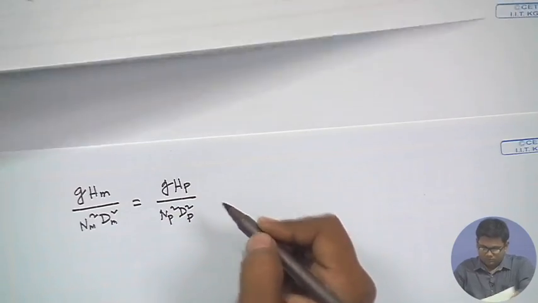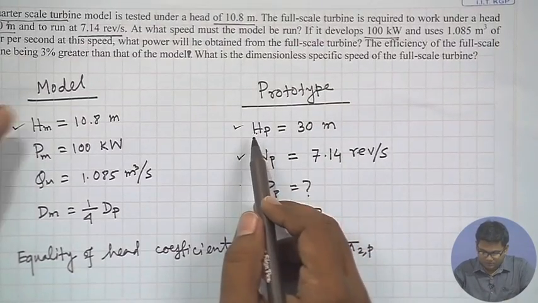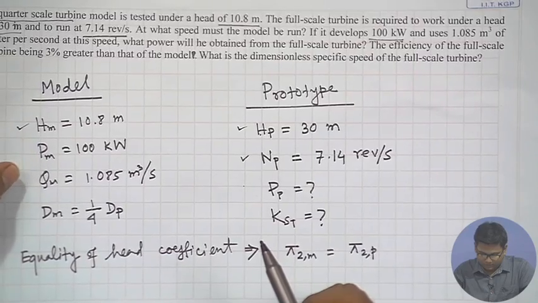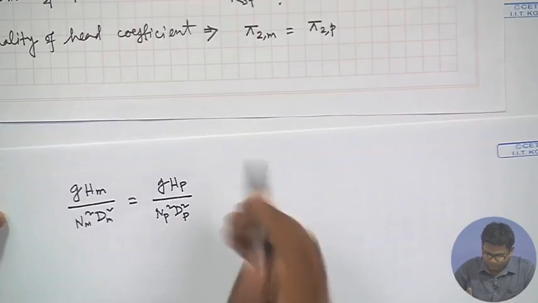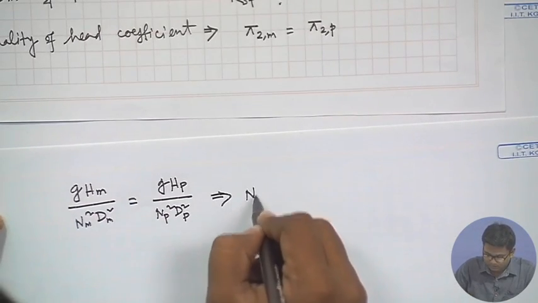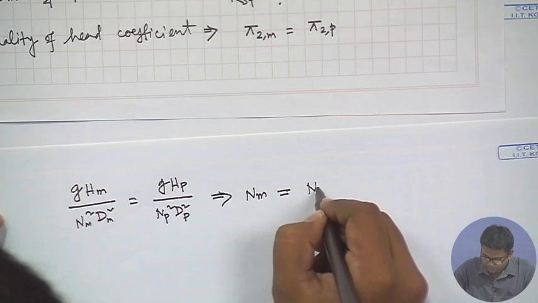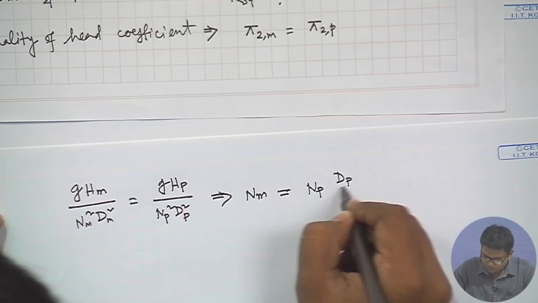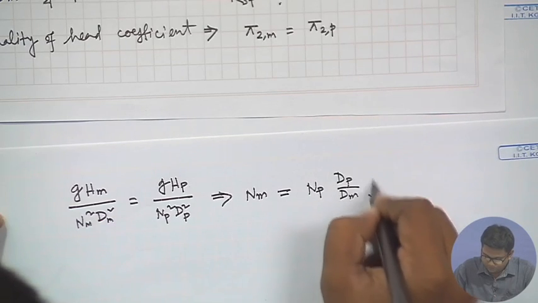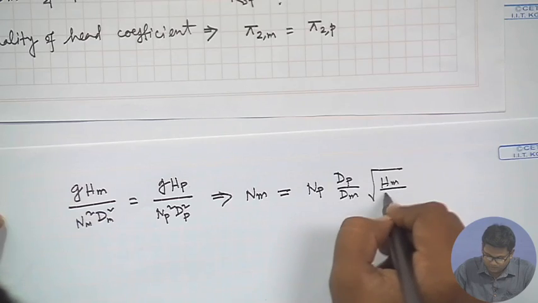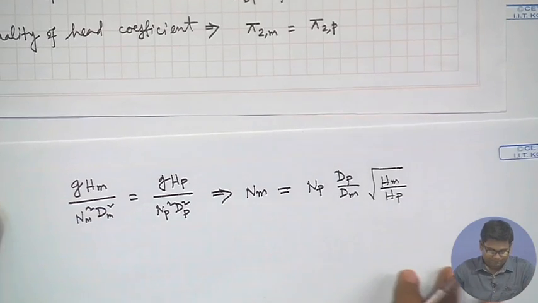So Np, Hp and Hm are known, so the only unknown is Nm. So Nm will be Np times Dp by Dm times root over Hm by Hp.